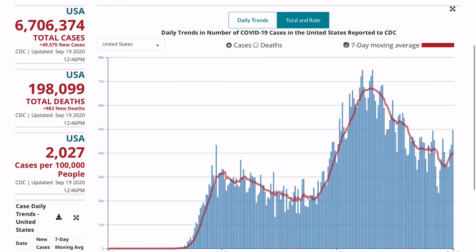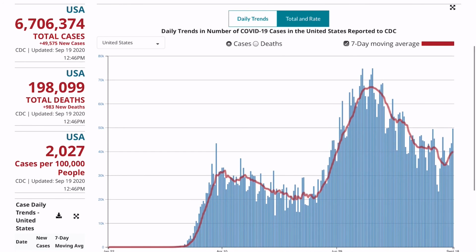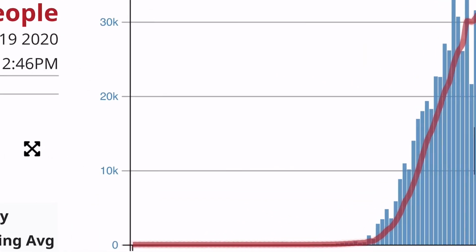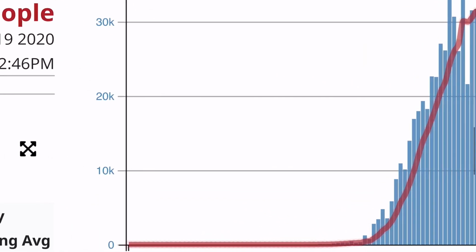So here's a great example. When this first started, it looked like nothing was happening, and then all of a sudden, it took off. Look at what happens from January 22nd all the way to April 2nd. Until we changed our behavior, we had what was definitely an exponential function here.